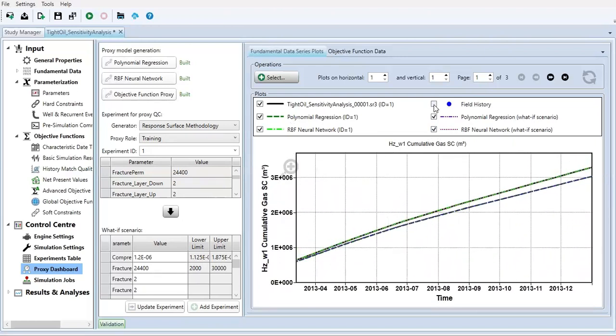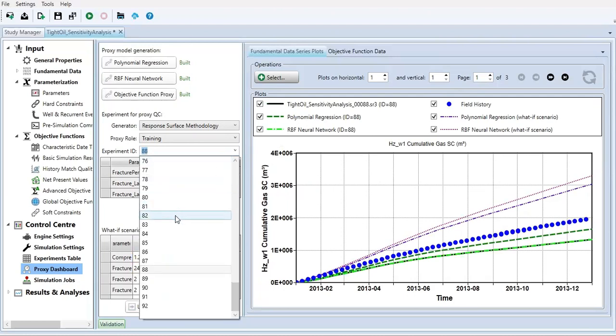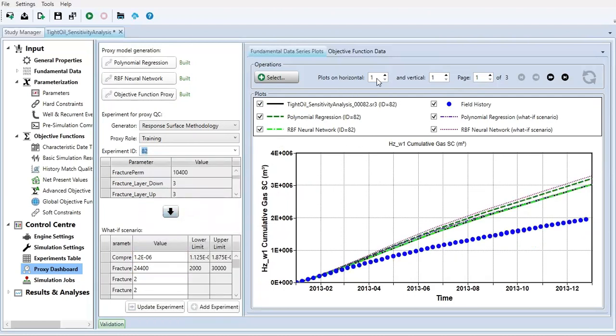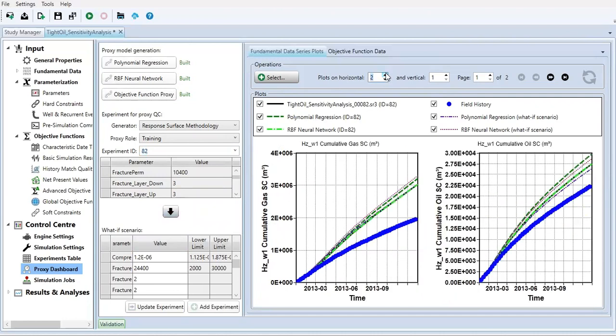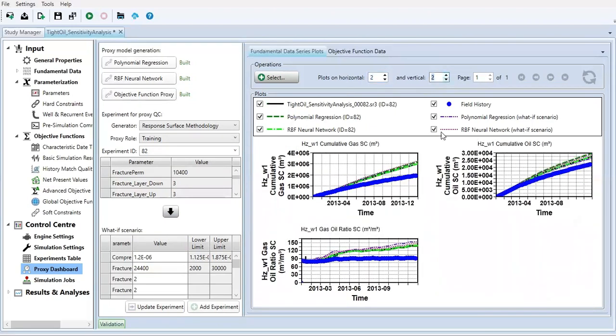But what about the field history? This one. So let's go to, yeah, you can change it manually like this. Okay. And plots on horizontal, we can get this one for the cumulative gas, cumulative oil, and cumulative gas oil ratio. And yeah, you can also check it like this one, vertical 2.